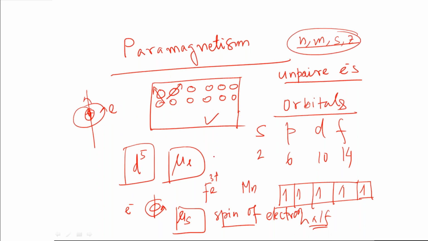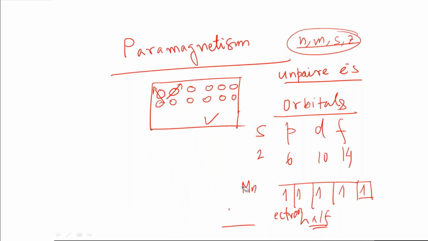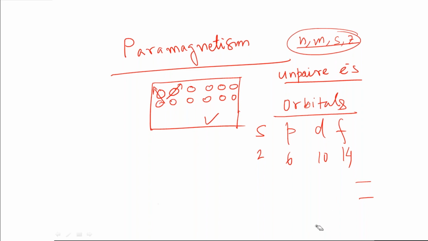You might be knowing from your chemistry knowledge about spin of electron. There are 4 quantum numbers: principal quantum number, then magnetic quantum number, spin quantum number, and azimuthal quantum number. So this is actually from the quantum theory. Okay, this is not a classical theory.